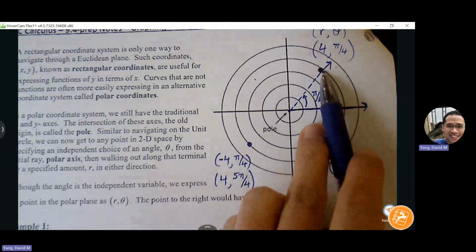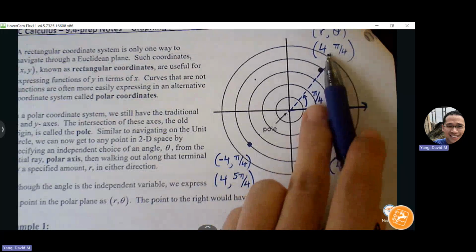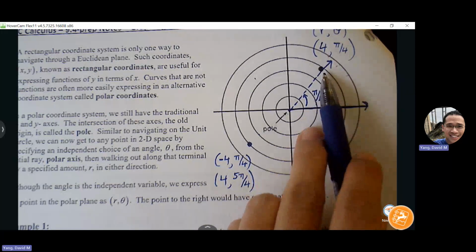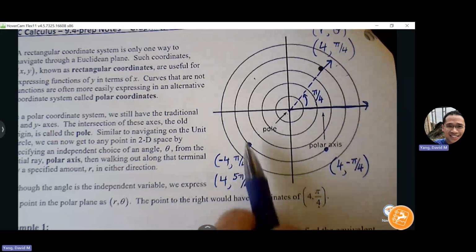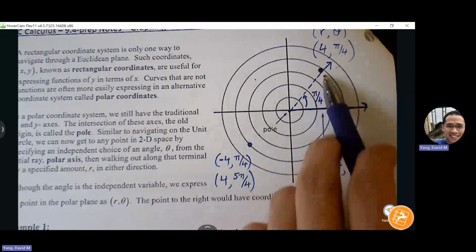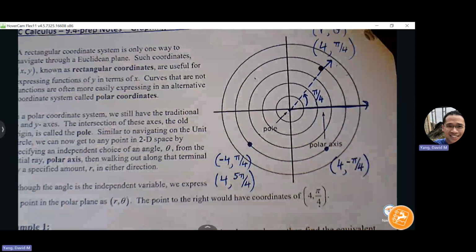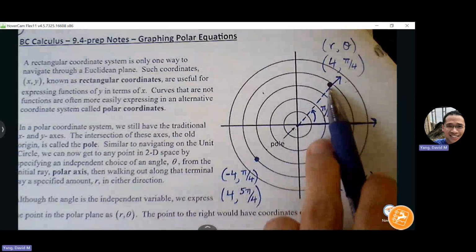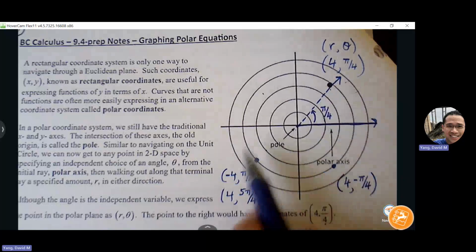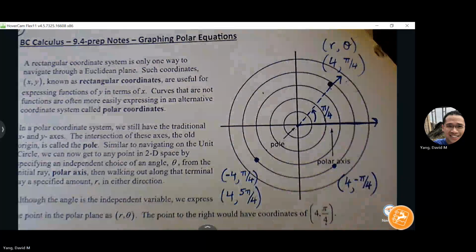Okay, so we're going to find different variations of this point. So this can be (4, pi/4). Another option is we can go to 5pi/4 and then walk away from 5pi/4. So what would that look like? I want to represent this location from this perspective.